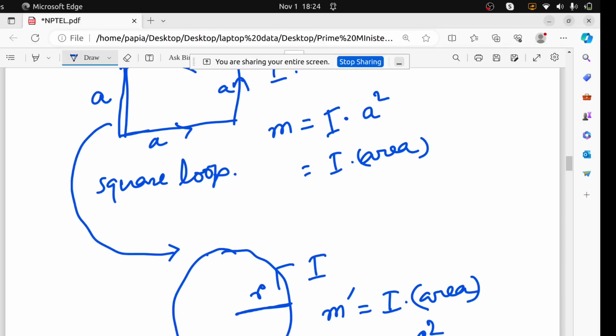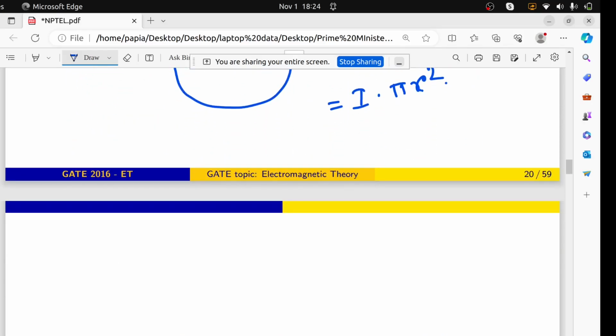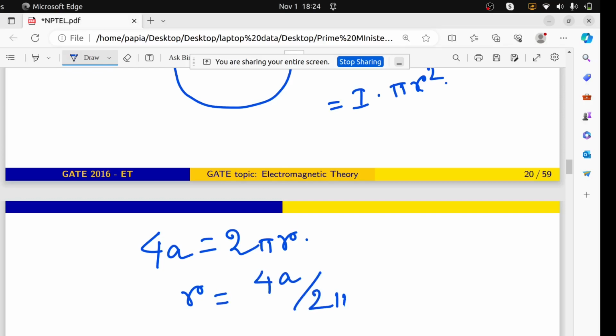The circumference of the square, that is 4A, should be equal to the circumference of the circle, 2 pi R. So this is the condition between A and R: 4A equals 2 pi R. From that I can get the value of R. R will be 2A divided by pi.